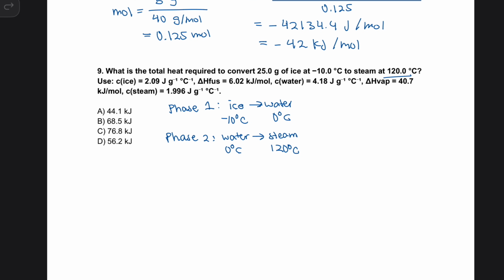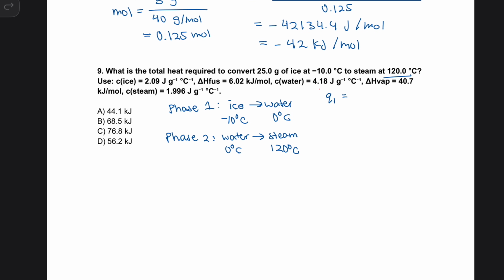So let's break down each of these steps and then calculate the heat required for each of the steps, and then we'll add it all up at the very end. So Q1 is going to be the heat required to heat the ice from negative 10 degrees Celsius to 0 degrees Celsius.